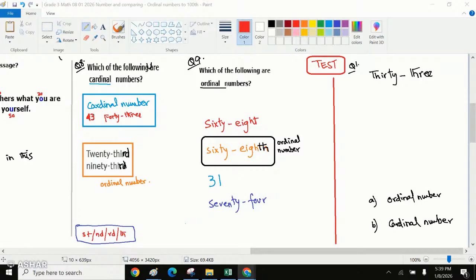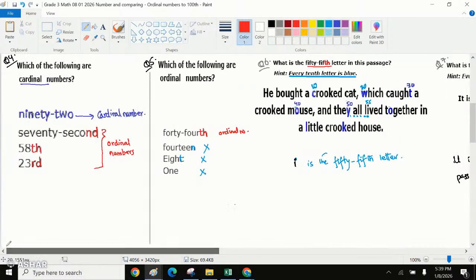It does not end with TH, right? It simply ends with a double E. That means it is not an ordinal. Then we can say this number is a cardinal number. Okay, 33 is a cardinal number. Anything ending with TH, RD, ND, and ST is always ordinal. Okay, moving on to the next question.